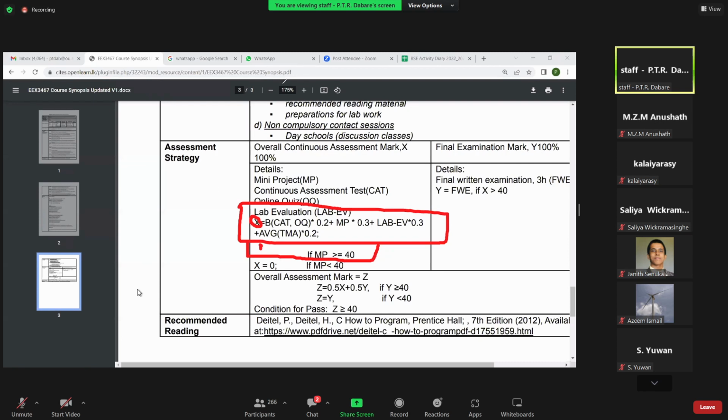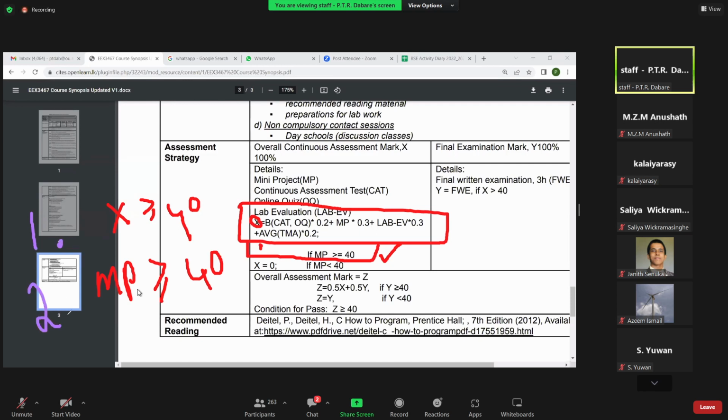So students, remember, it's not only getting more than or equal to 40 that is the criteria. No, getting X also should be greater than or equal to 40, and mini project also should be greater than or equal to 40. So for this course, for other courses, there may be other criteria. So read them and see.